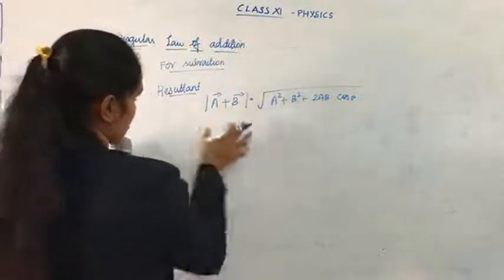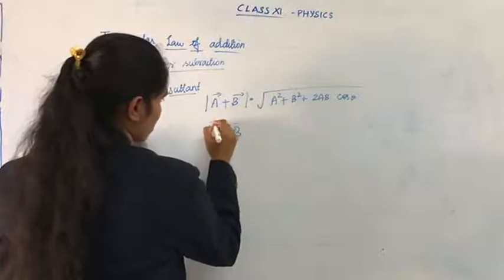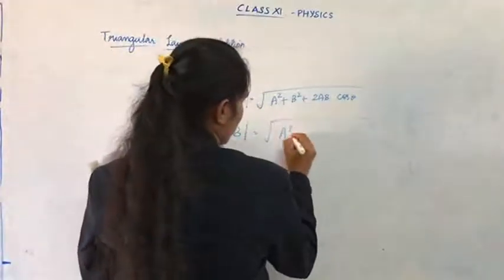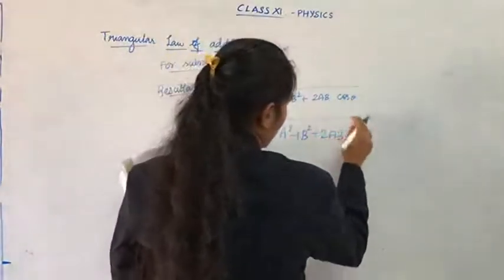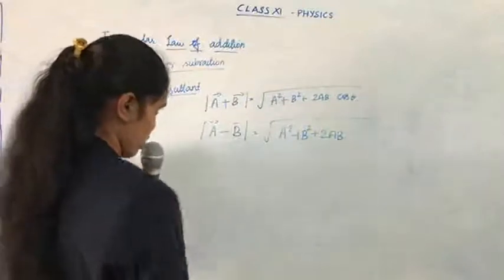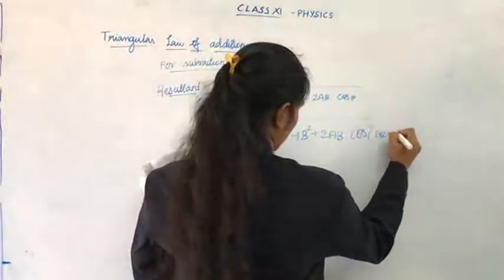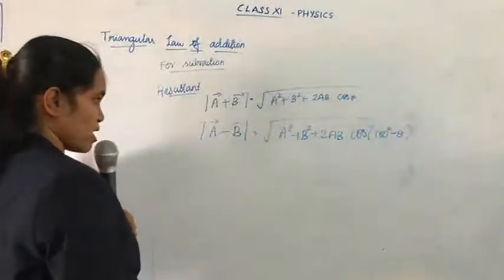And for subtraction, what do we have to do? A minus B vector. Only the symbol is changed here. It equals A square plus B square plus 2AB cos theta, but for subtraction you have to put cos of 180 minus theta. What is cos 180 minus theta?